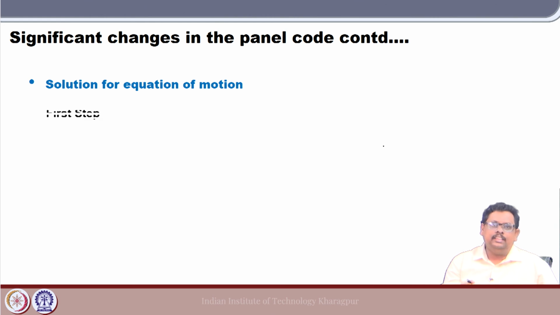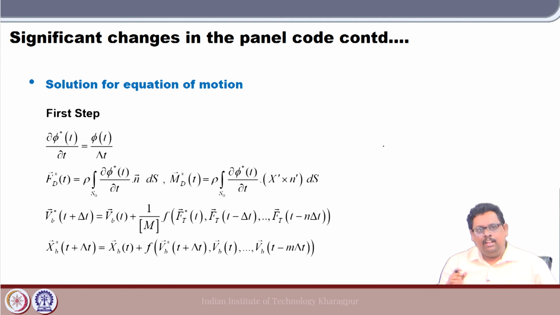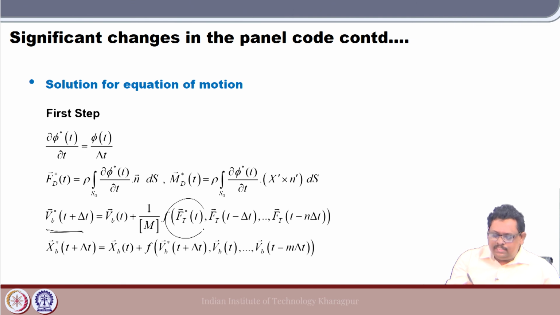The second thing is that in the equation of motion, normally what you are using is the Euler scheme or predictor scheme. For the velocity, we use the present time step and approximate the future time step.